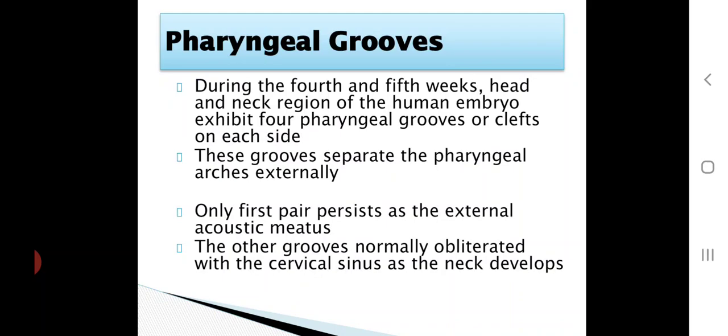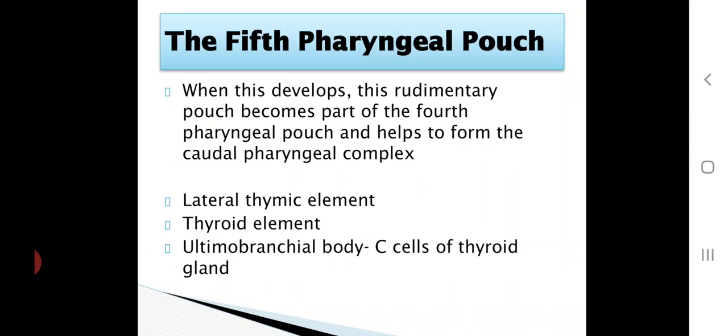It develops from the thyroglossal duct. So the main parts of the thyroid gland develop from the thyroglossal duct, but the lateral lobes of the thyroid gland will be derived from this caudal pharyngeal complex. Also the C cells of the thyroid gland.